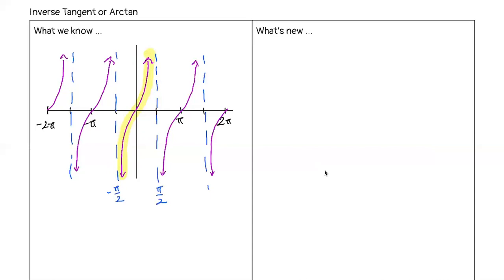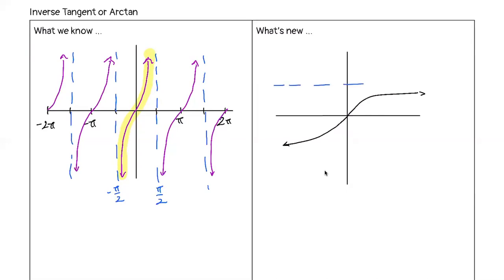When we flip that one, we end up with a graph that looks like this. This is the part that gets reflected, that whole middle branch. And what else gets reflected is those vertical asymptotes, now becoming horizontal asymptotes.